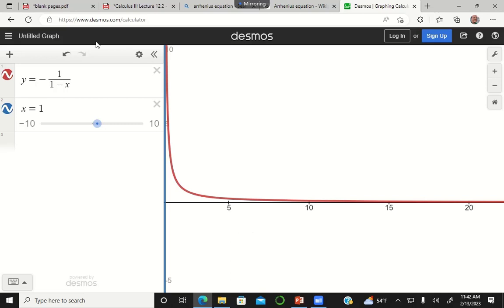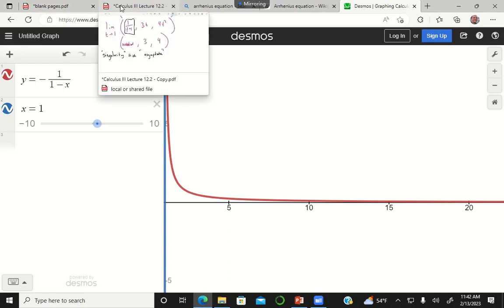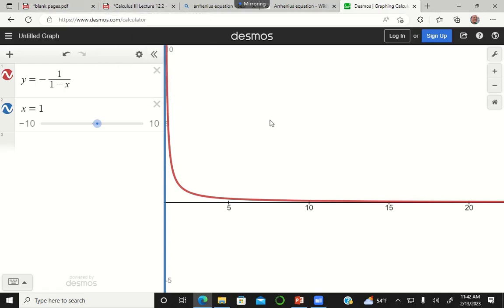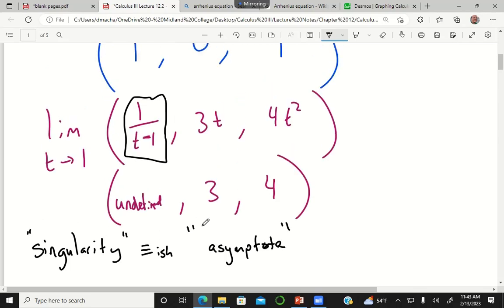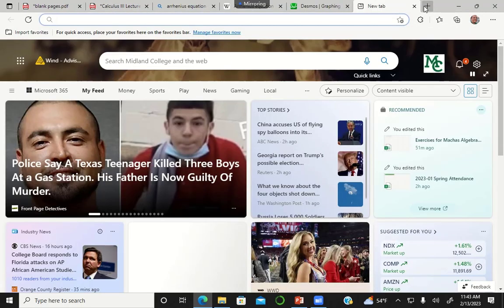Okay. Can you visualize the parametric equation you gave us? The vector valued one, yeah, this one. Can you visualize it? Yeah. Let's try that.